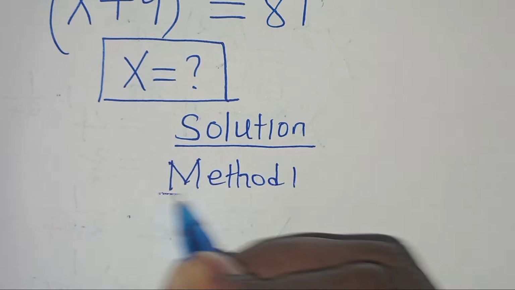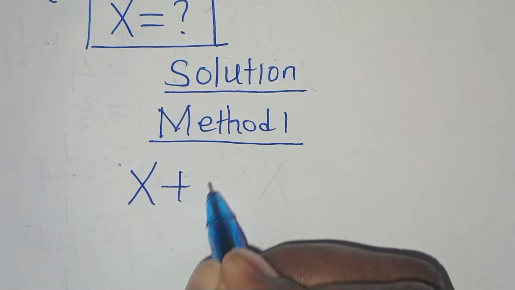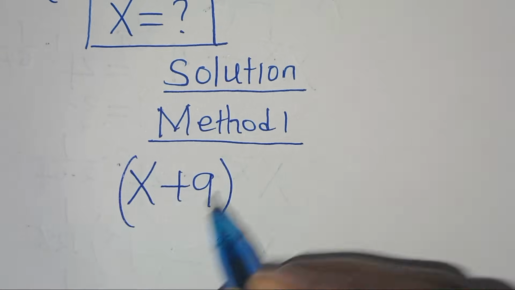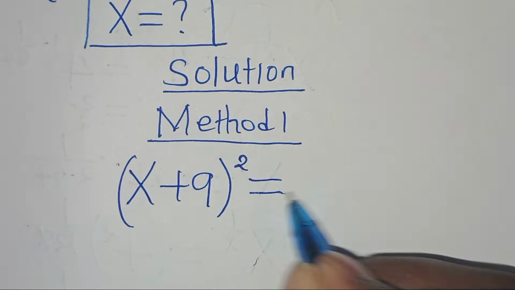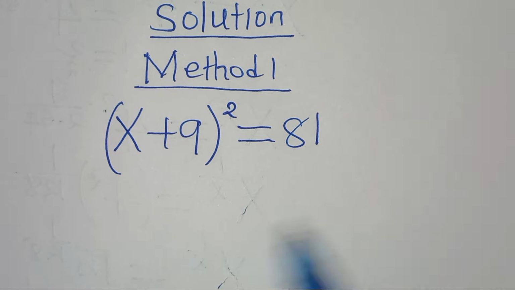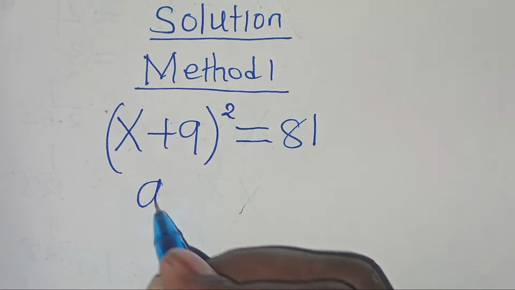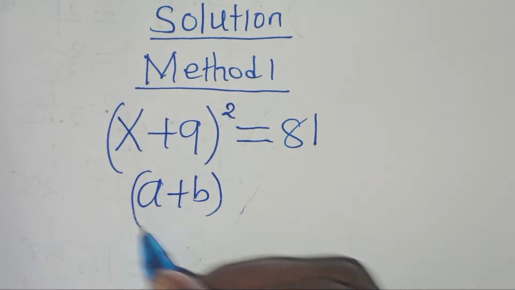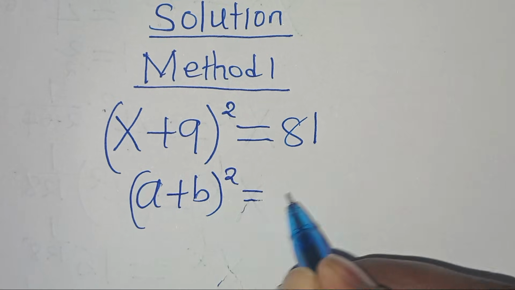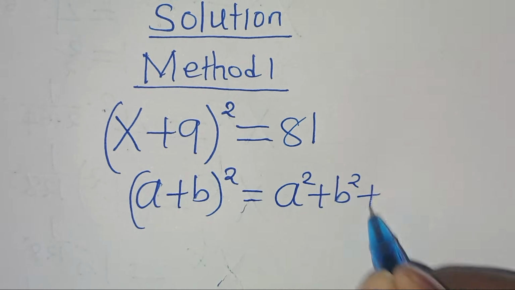Method 1. We have (x + 9)^2 equal to 81. Now, (x + 9)^2 is in the form of (a + b)^2, which we can express as a^2 + b^2 + 2ab.